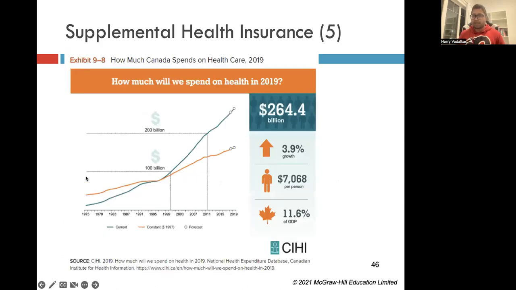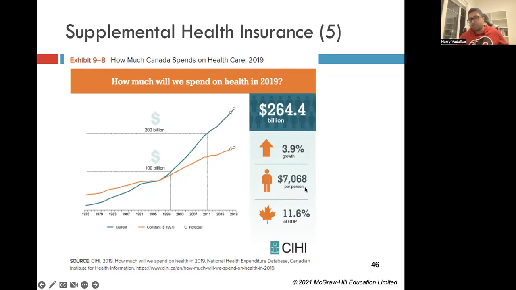Now, healthcare is getting very costly in Canada, with long wait times and so on, because the spending required is very high. For example, we had this orange line as the plan for healthcare spending, but the current healthcare spending has gone up a lot. In 2019, before the pandemic happened, we were spending $264 billion on healthcare.